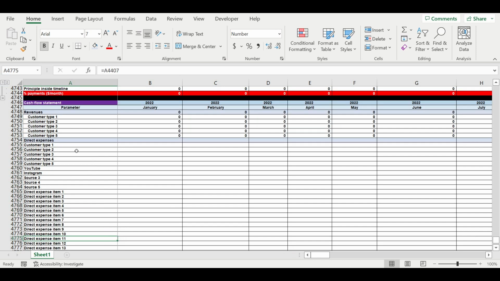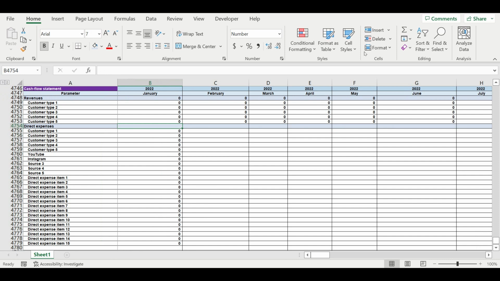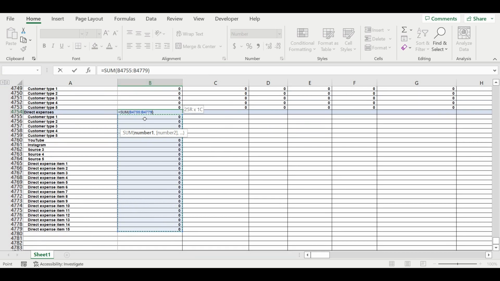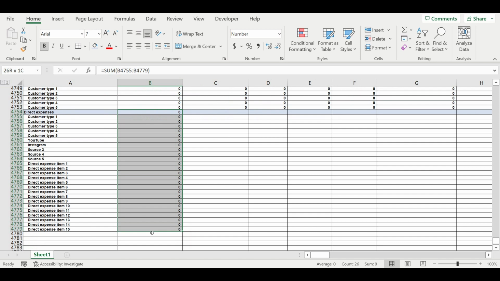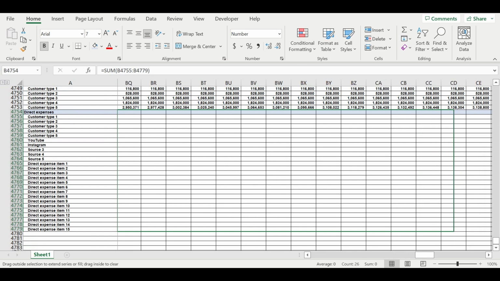So now we have to extrapolate these formulas. For any date, we are just mapping all the data from the lines that we've calculated above: the revenues, direct expenses, fixed expenses, payroll, investment plans, and so on.